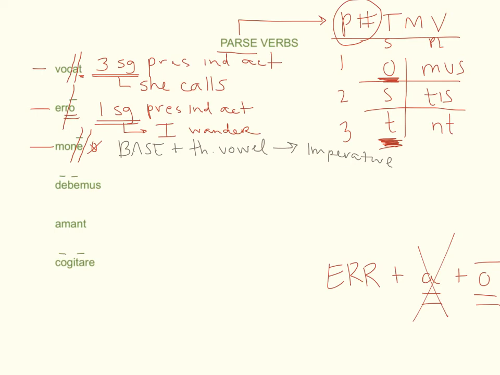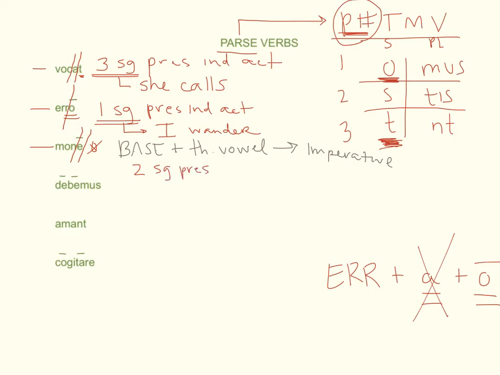So now let's go through this. Person and number. So remember that imperative has an understood second person. When I say go to your room, I'm saying you there. You person, go to your room. And since it's Monet and not moneta, with the te plural ending, we know then it's going to be the second person singular. Tense is present.